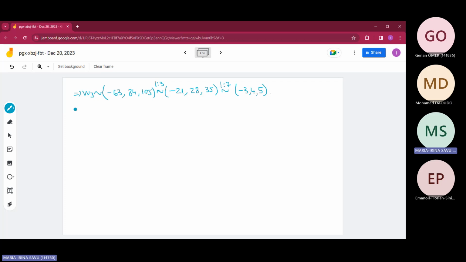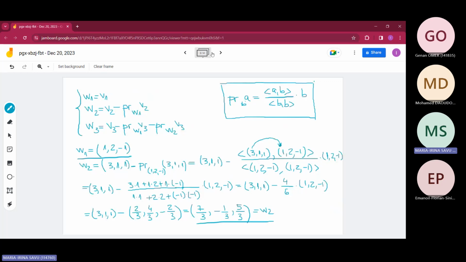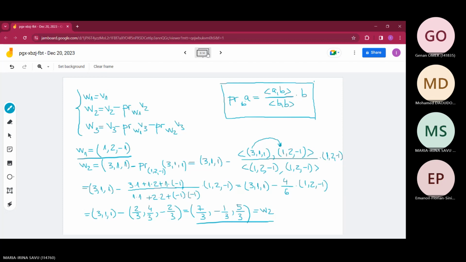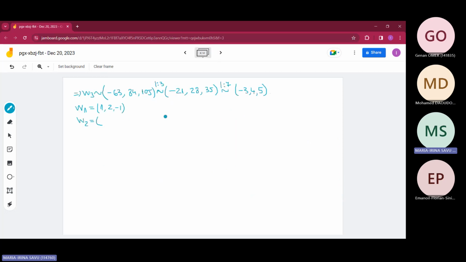So let's see what we have. We have that W1 is 1, 2, minus 1. W2 is this vector, which is equivalent to 7, minus 1, 5. And W3 is equivalent to minus 3, 4, 5.